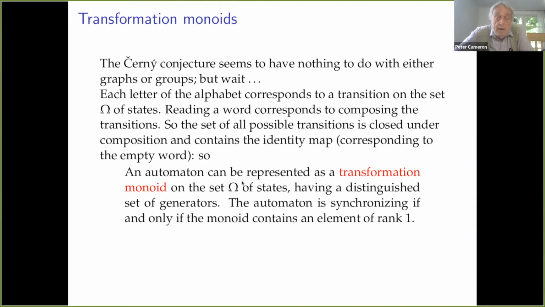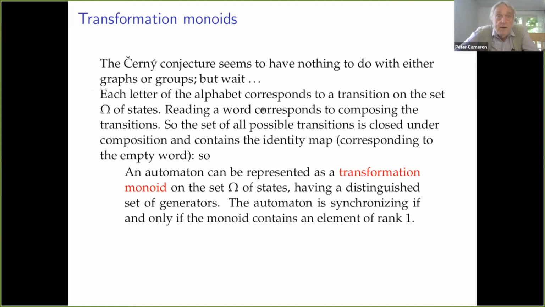And now the possible responses of an automaton to reading a word will form a transformation monoid, because, as I said, it's closed under composition. If you read a word and then another word, you just compose the transformations. And if you read the empty word, you stay where you are. So that's the identity.